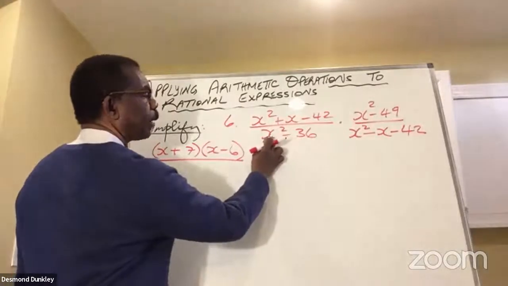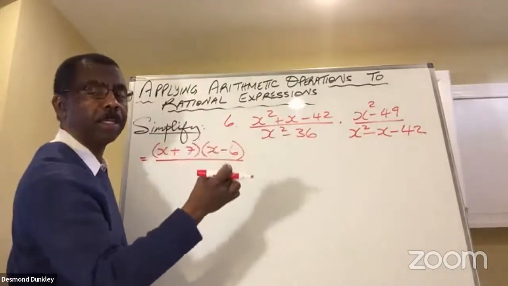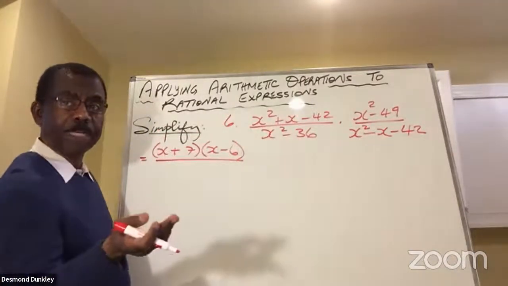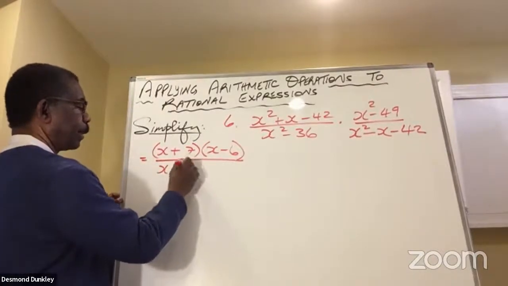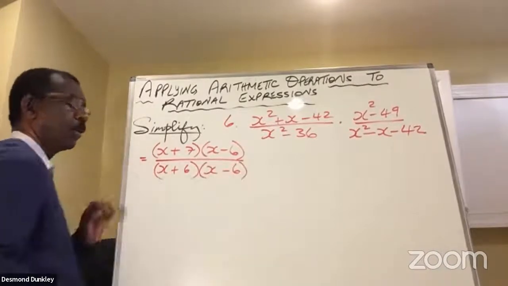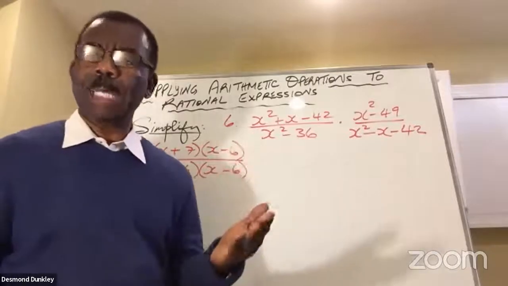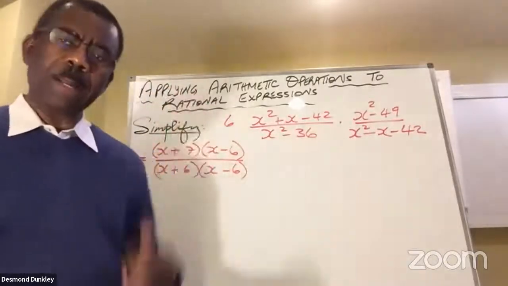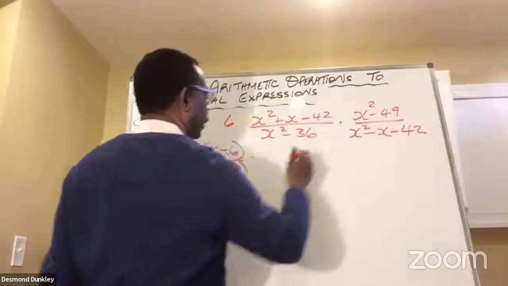Look at the bottom. Again, this is x squared minus 6 squared. That's a difference of squares. And we just talked about how to factorize difference of squares. So we know this is going to be x plus 6 times x minus 6. We just had x squared minus 81, so we see the same concept coming back here. Over there, again, difference of squares.